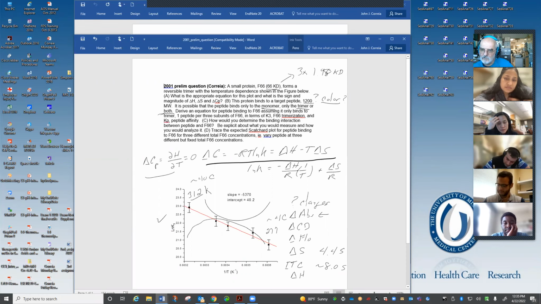You would get a particular sign and magnitude that will change, but the change will be linear. So that's one way of doing this. And we discussed an example of this when we did the ITC data.